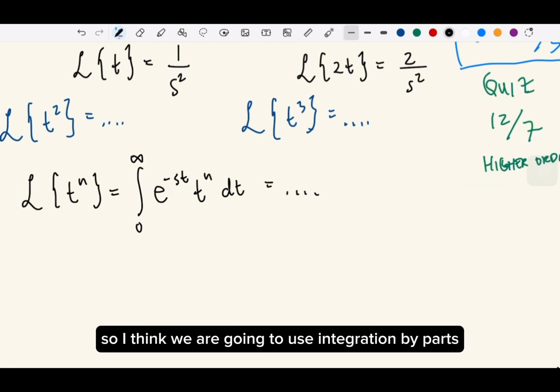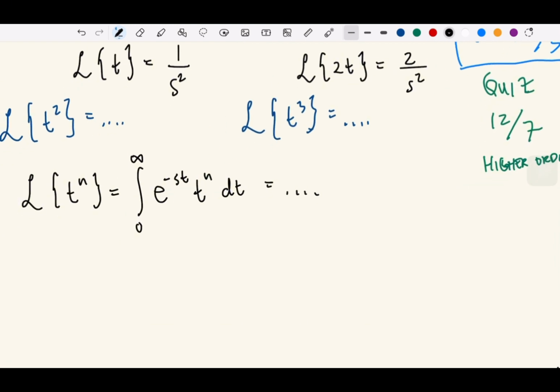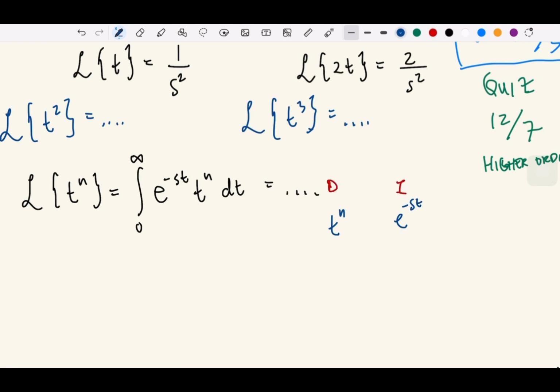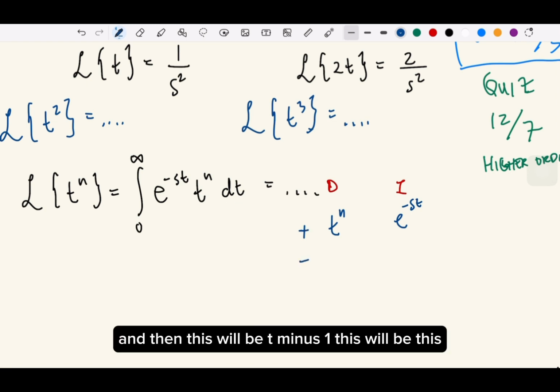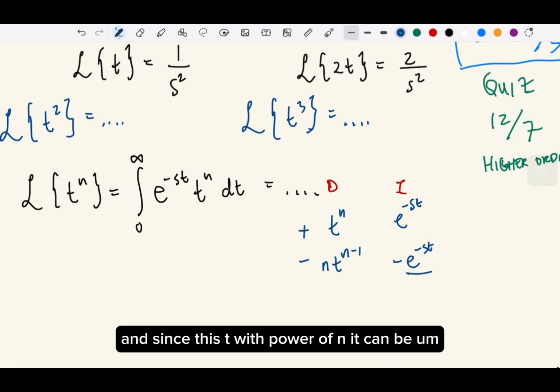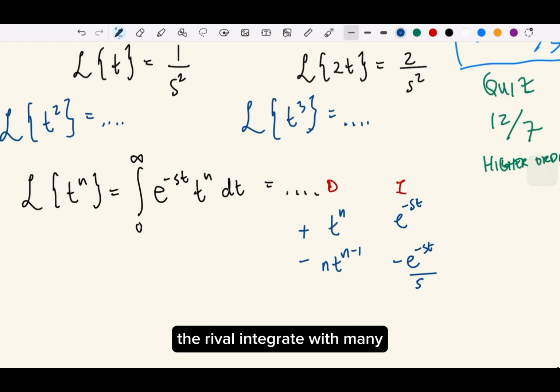So I think we are going to use integration by parts. Taking the t and taking the e, we differentiate, we integrate. And then this will be t to the n minus 1, and this will be this. And since this is t to the power of n, it can be differentiated or integrated with many iterations because of n.